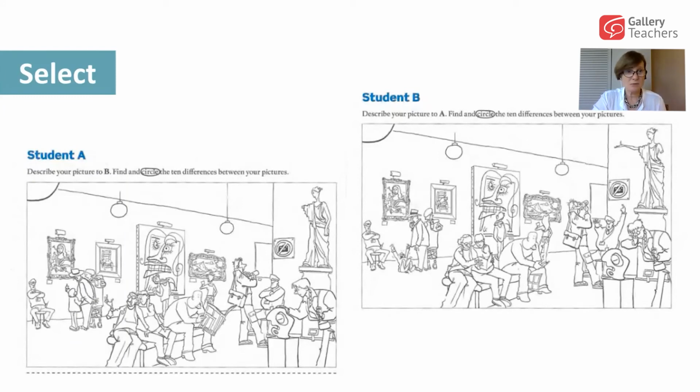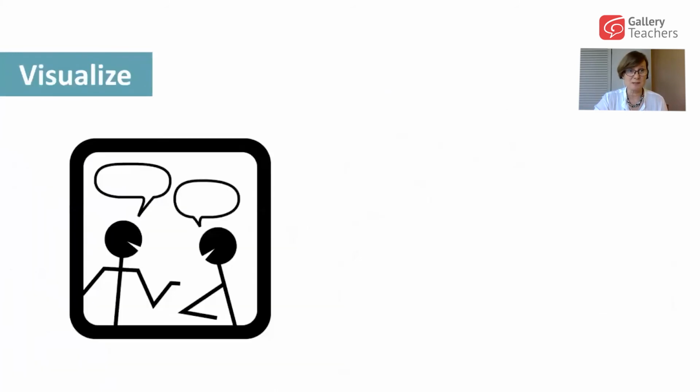And it's from the unit about art, and the students were working with present continuous and body parts. So this is a Spot the Differences activity, where they need to describe the picture and compare the picture and find 10 differences. All right, so this is the first step, select.